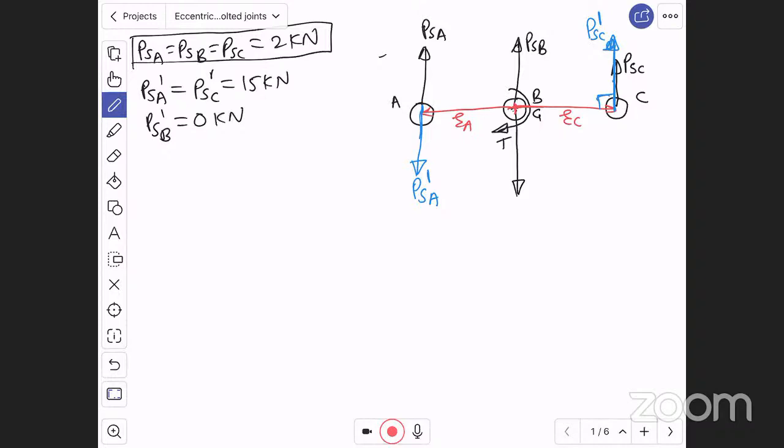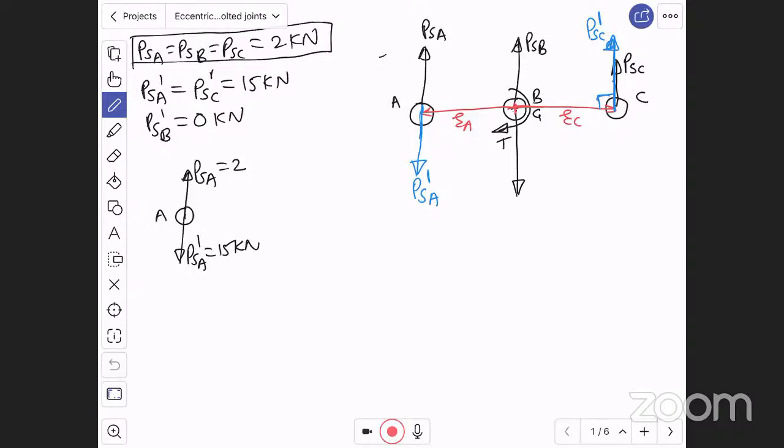Right? And look at the diagram. If the question is to find the resultant load on bolt A, look at bolt A. On this bolt A, PSA is going up, which is 2 kilonewton. PSA dash is going down, which is 15 kilonewton.